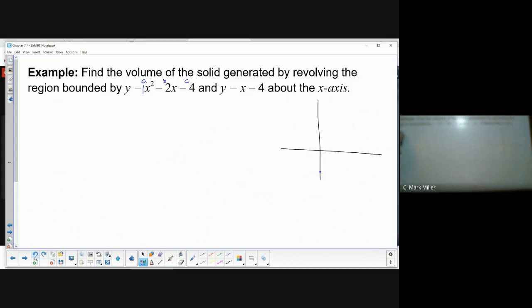Another way is the x-coordinate of the vertex is minus b over 2a. And so minus b is positive 2, over 2a is 2. That's 1.